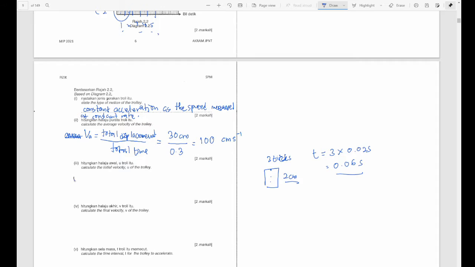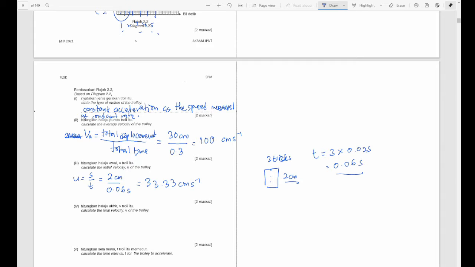So U can be calculated using displacement over time, which equals 2 centimeter divided by 0.06 second. So your answer should be 33.33 centimeter per second.